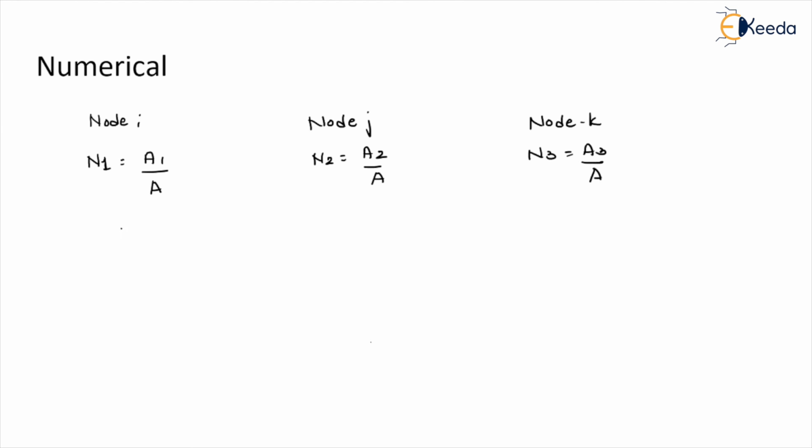So for the first shape function, node number I, we have shape function n1, which is equal to A1 divided by A. For node number j, we have n2, which is equal to A2 by A. And for node number k, we have n3, which is A3 divided by A. So let's put the value here.